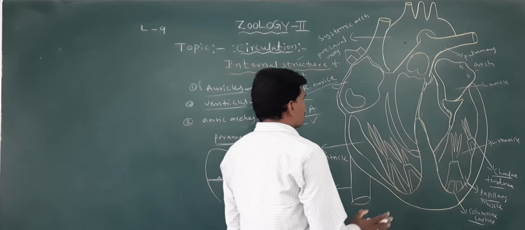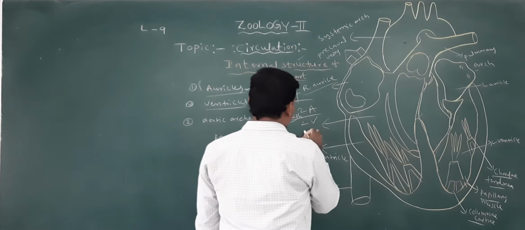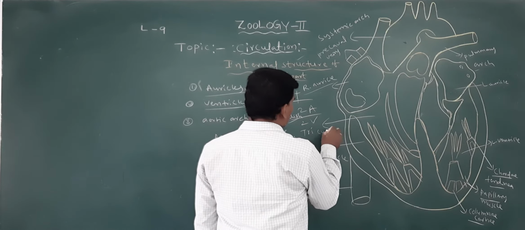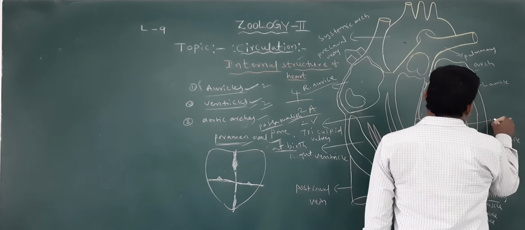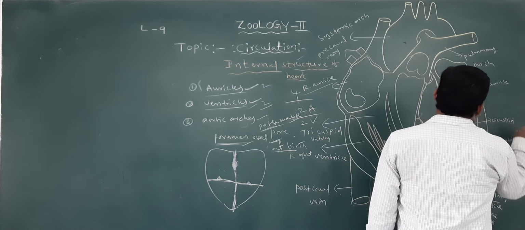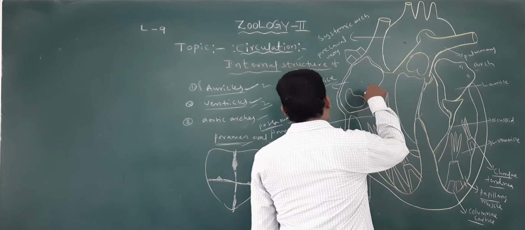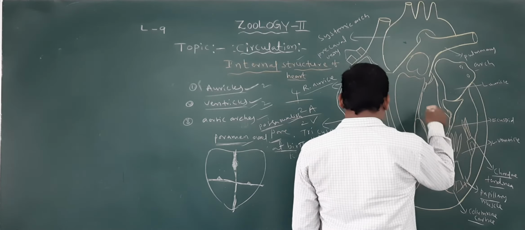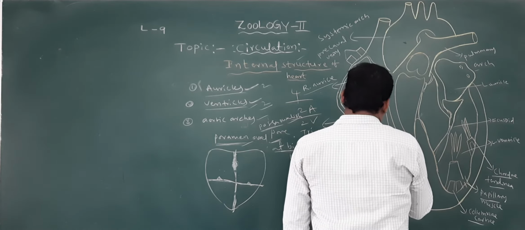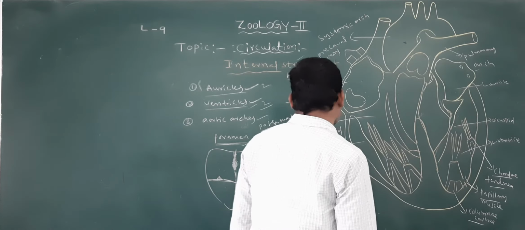At the same time, the valves guarded by sphincters close. These are the tricuspid valve and the bicuspid valve, also called the mitral valve. First, the right auricle opens into the right ventricle through the tricuspid valve, and the bicuspid valve opens so the left auricle blood enters the left ventricle.